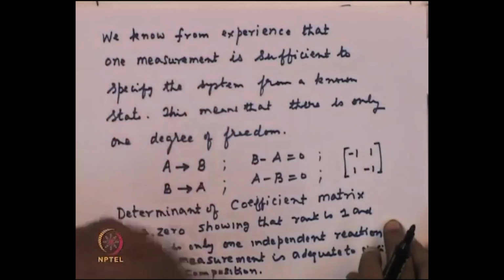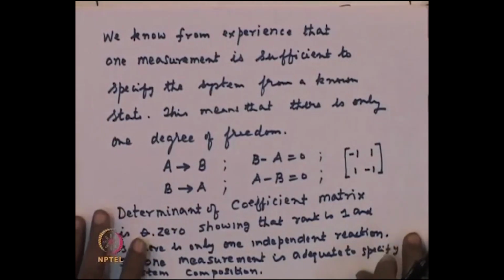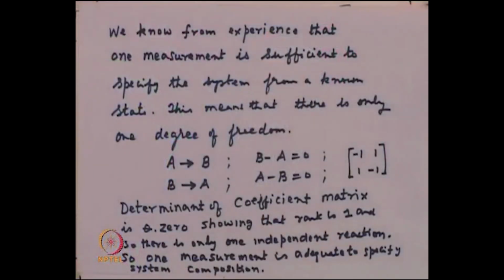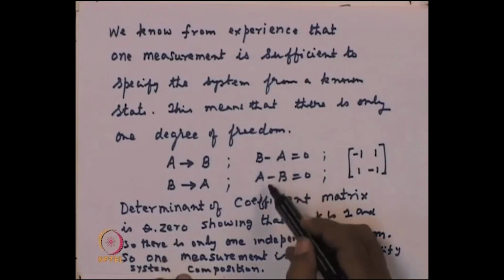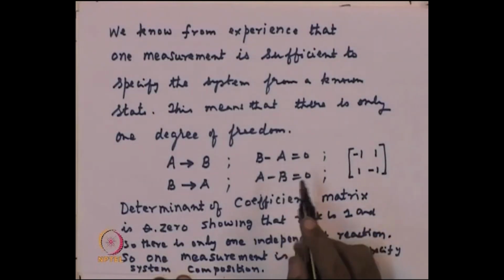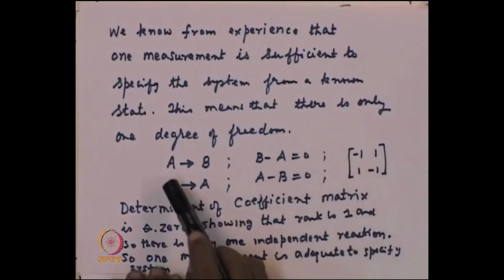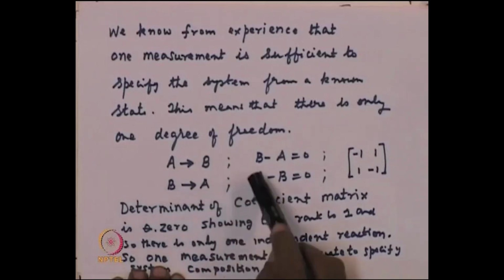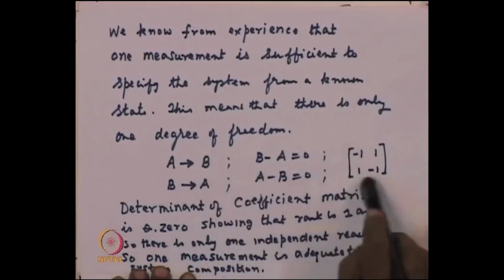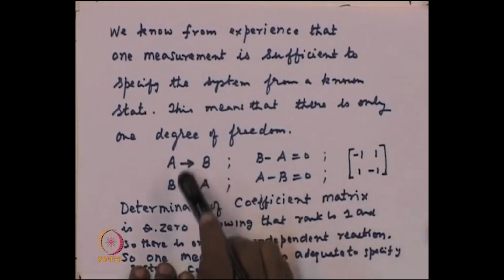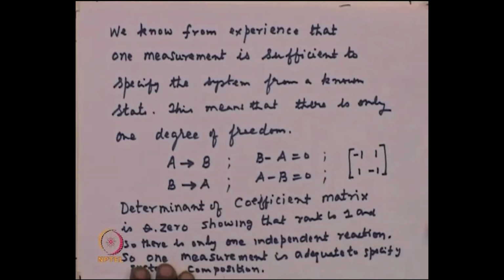So, what we are now saying is that if you have a set of algebraic equations as we have just written down, you can find how many of these equations are independent, and that will determine the number of independent reactions. The moment we write the reaction A goes to B, B goes to A in this form, we find that the rank of the coefficient matrix is 1, which means that there may be two rate processes, but there is only one independent reaction.